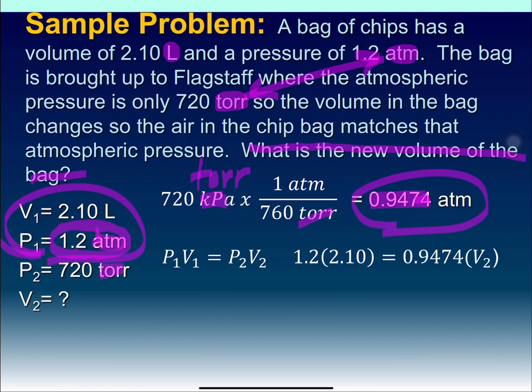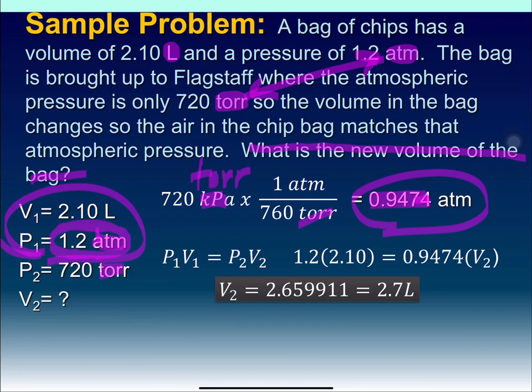So 1.2 times 2.1, divide that by the 0.9474, and then I'm going to take that V2, and even though my calculator gives me this long number, I need to round it to sig figs, right? It's got to be 2 sig figs and put in those units of liters.